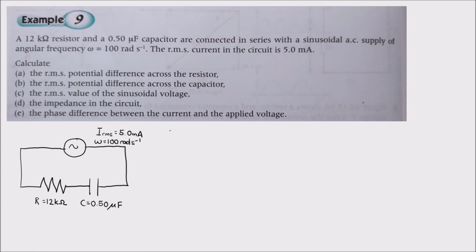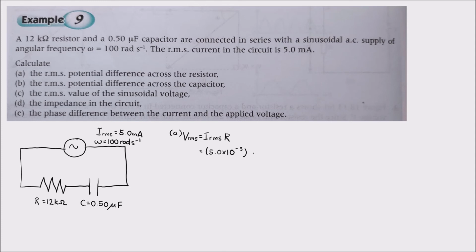In question A, they ask to find the RMS potential difference across the resistor. Well, you know I RMS. If you are asked to find the V RMS, then you know that the relation should be V equals IR. For this case, it's a resistor, so it's V equals IR, like what we said just now. So I RMS, we know to be 5 milliampere, so 5 times 10 to the power negative 3.